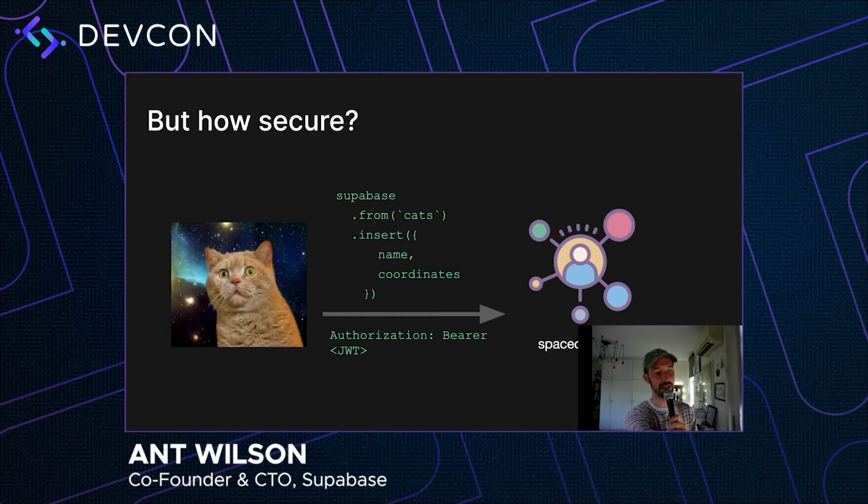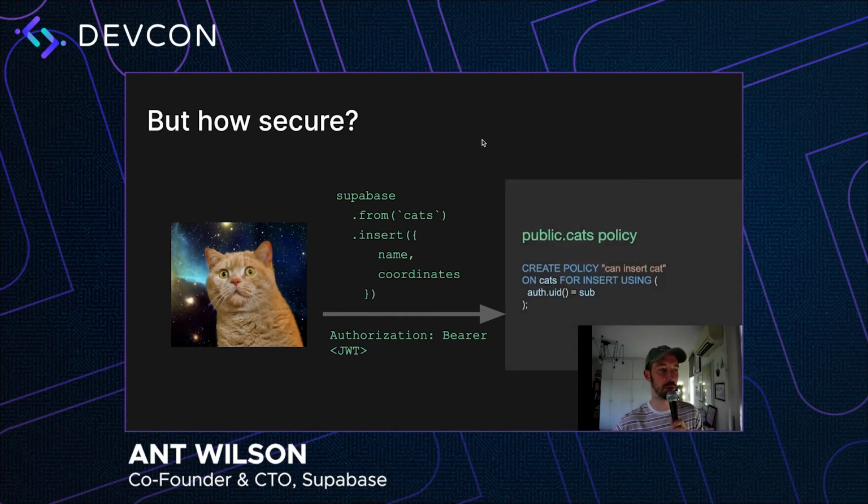You'll see it says here bearer. That's just because Alice is the bearer of this token, and she's gonna use it to consume some data or edit some data on spacecats.com. So she'll make this request, and the token gets passed back to the Supabase server.